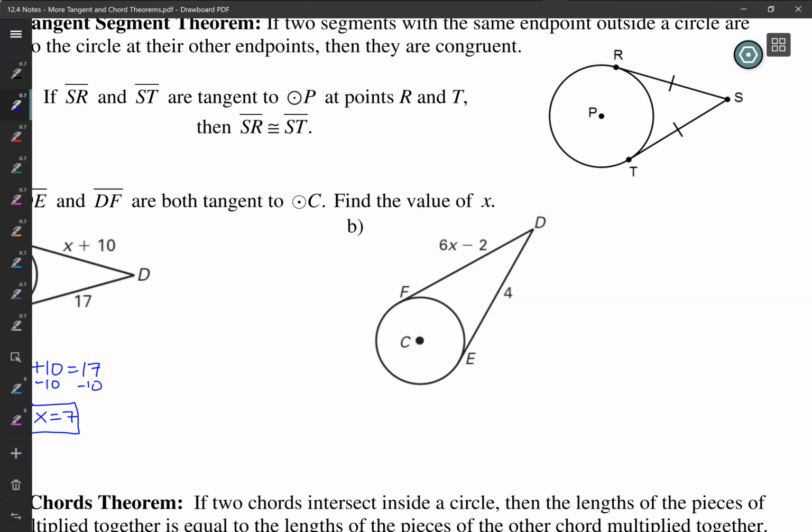All right, this one: if that piece is 4, that piece also has to be 4. They're the same length. So 6x minus 2 has to equal 4. Add 2, add 2.